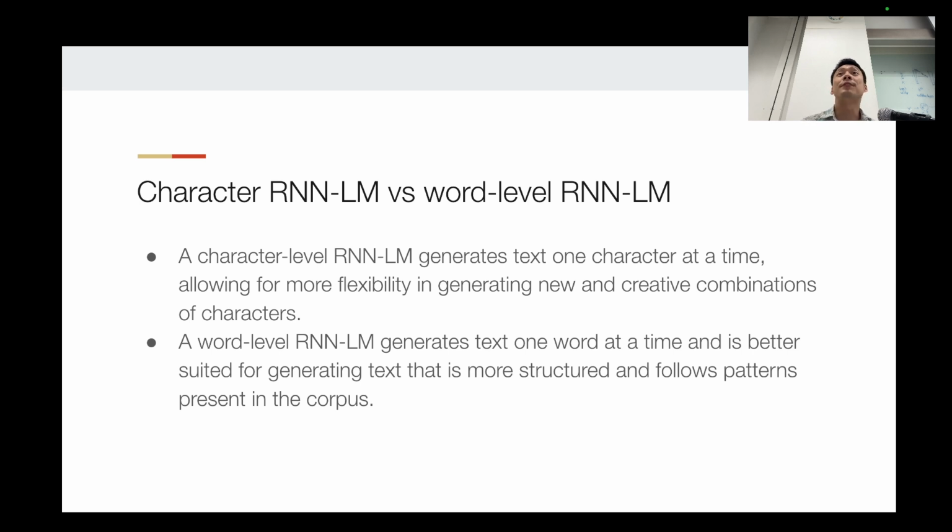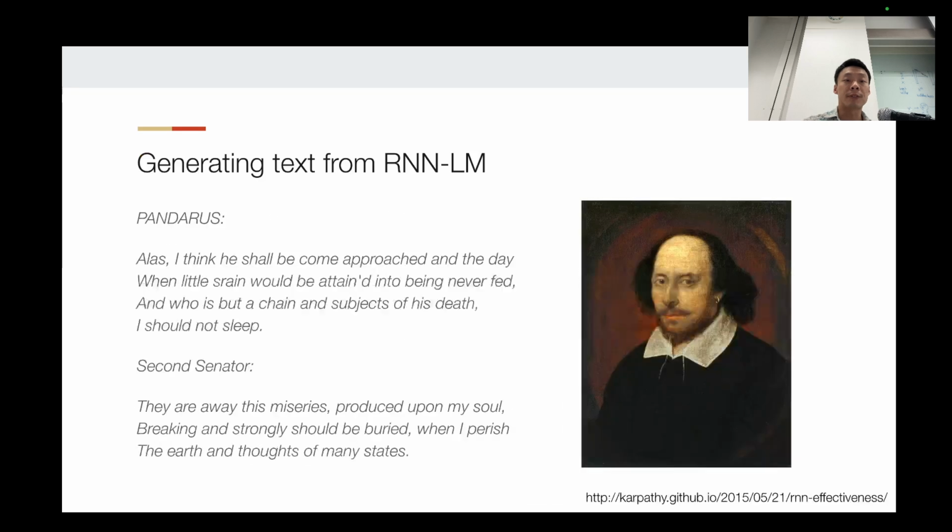But beyond 5, 6, 7 characters, to output something like this at the character level, the model outputs one character at a time, not a word, and it still makes sense. For example, if you want to generate COME, it has to look back at basically all of the characters.